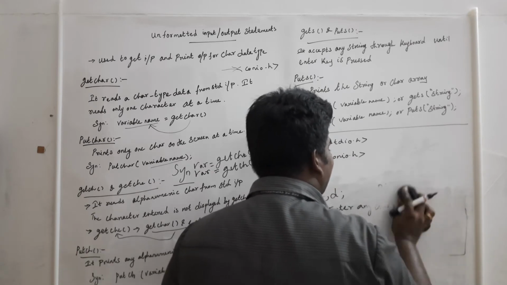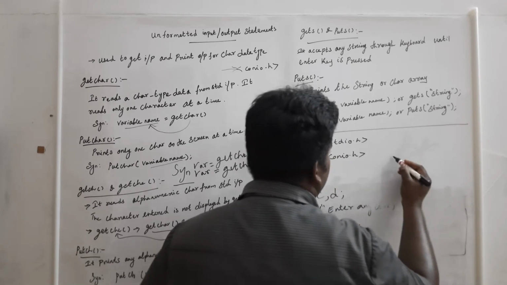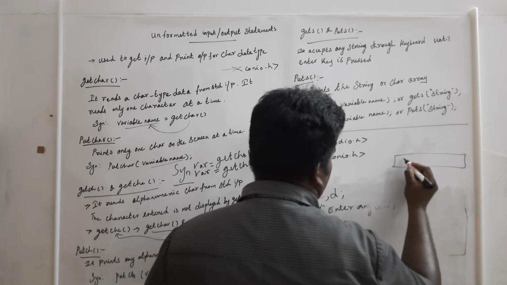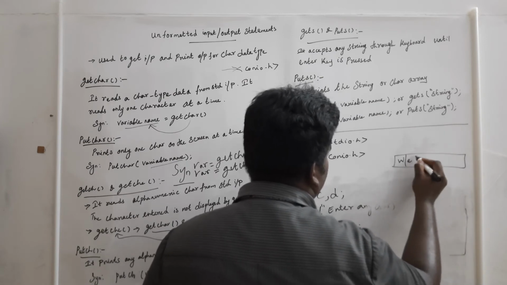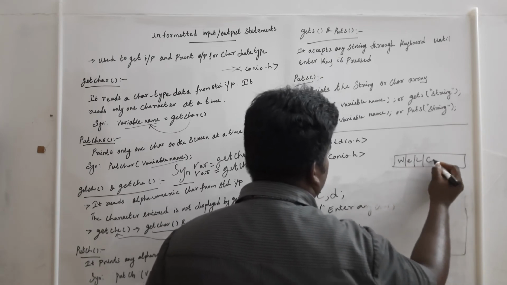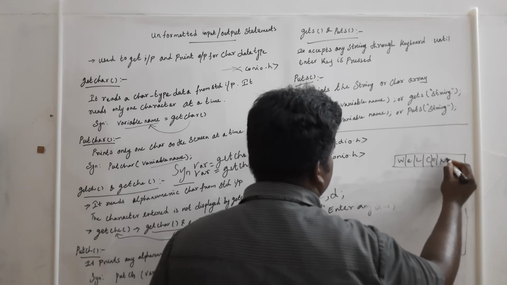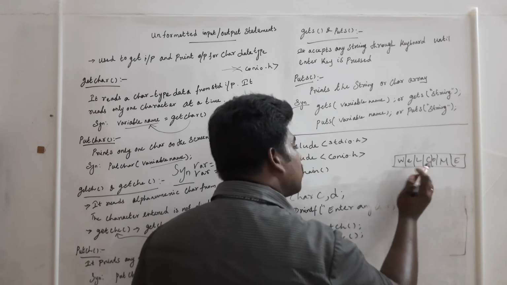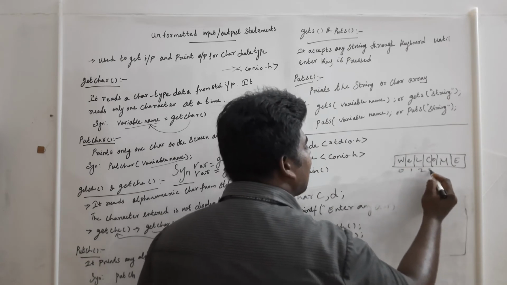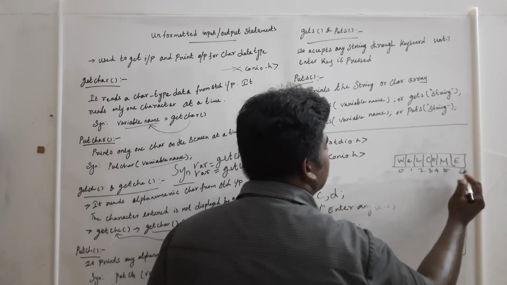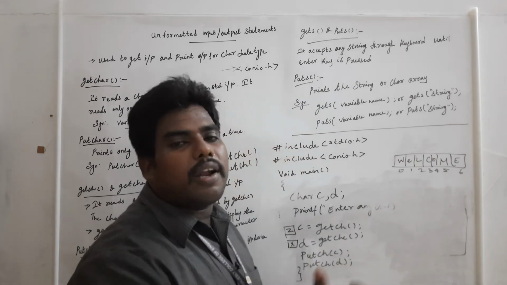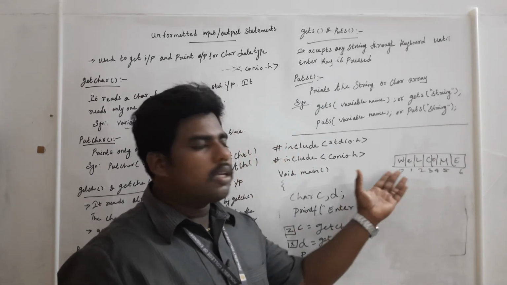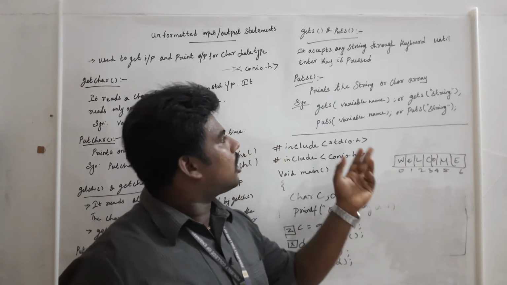So collection of characters means, see here, welcome, W-E-L-C-O-M-E. See here, this is one character, this is one character, right? These are the characters. But in combination, it's called a string. Okay, a string is a collection of characters.